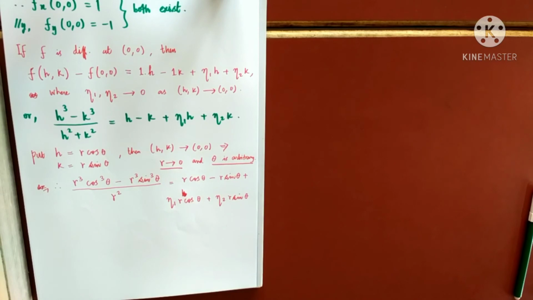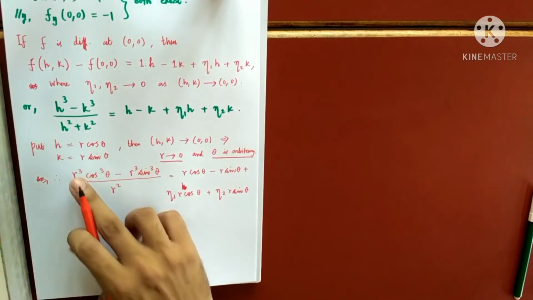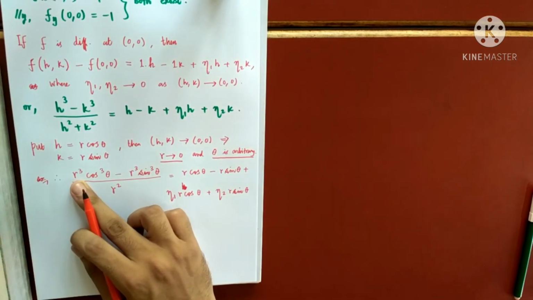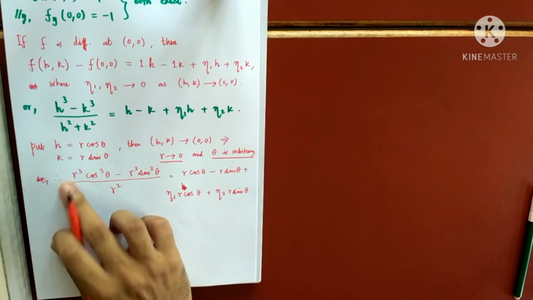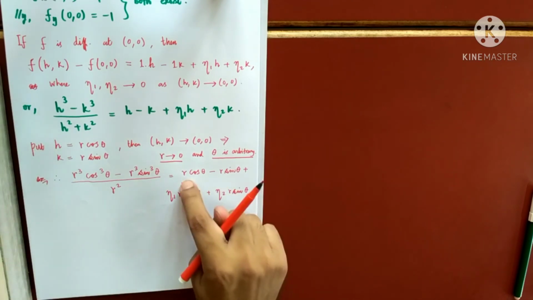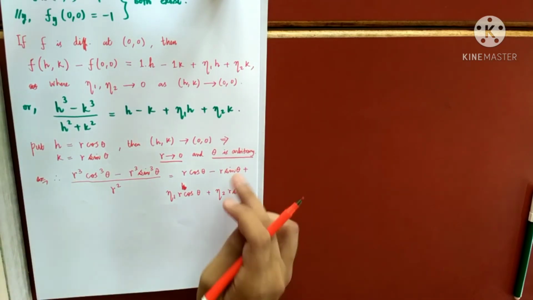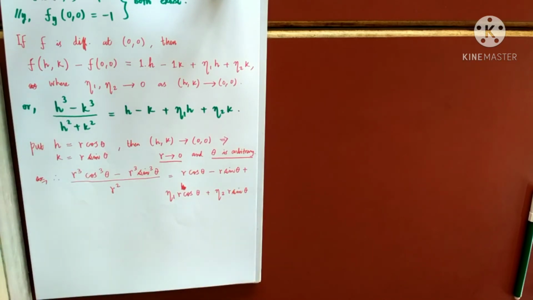Let's see what happens. If I take r cube common, try to understand my point. 2r will cancel, only 1r will remain here. And you see r is common from every term on the right, so you again take this r common and cancel from here. These are very simple things.